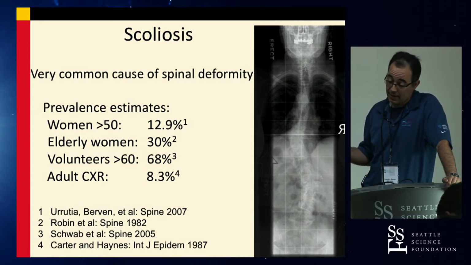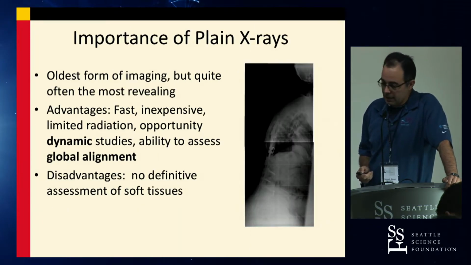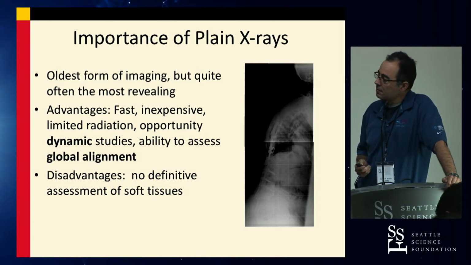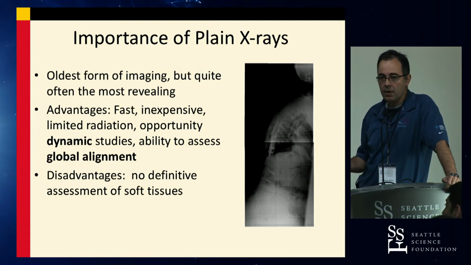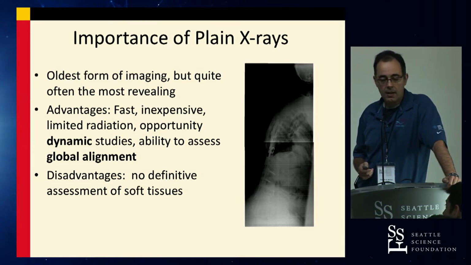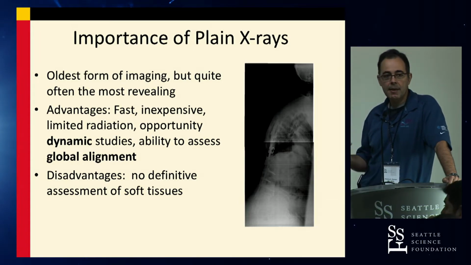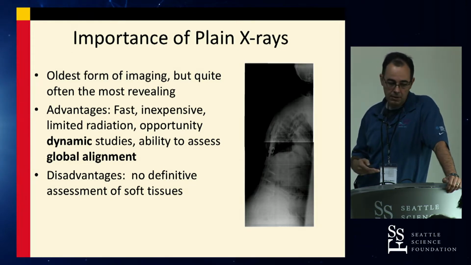Or yeah, you don't even have to look that hard. It's going to be there. So again, this reiterates the importance of x-rays. The advantage of the x-ray is that it's fast, it's inexpensive, doesn't require prior authorization, and very importantly, it has a dynamic quality, in that you can assess what the deformity looks like while you're standing.